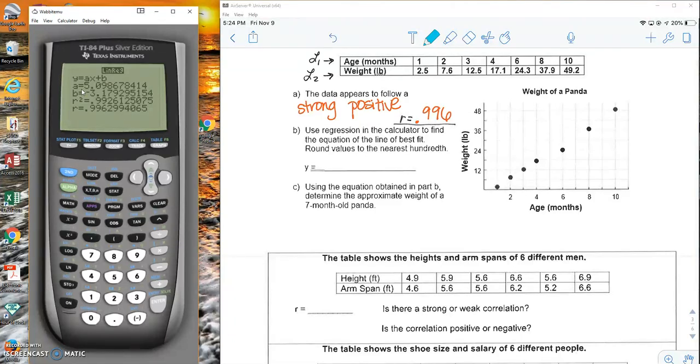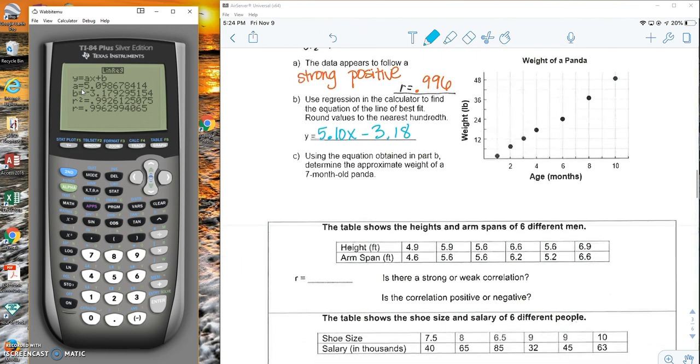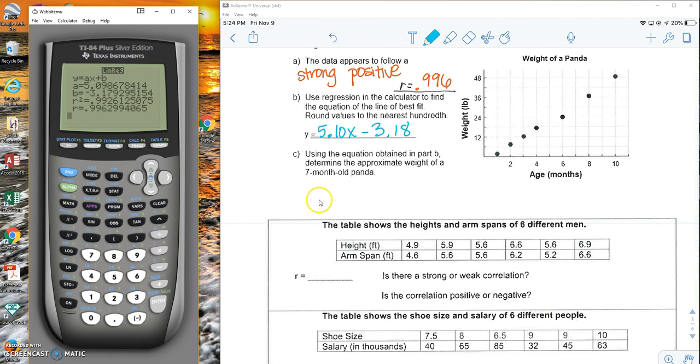Then our line of best fit, round to the nearest hundredth. So hundredth is 2 numbers after the decimal. So A is 5.10x, and then B is negative 3.18 when rounded. Then they ask us to take the equation in this part and give the approximate weight of a 7-month-old panda.